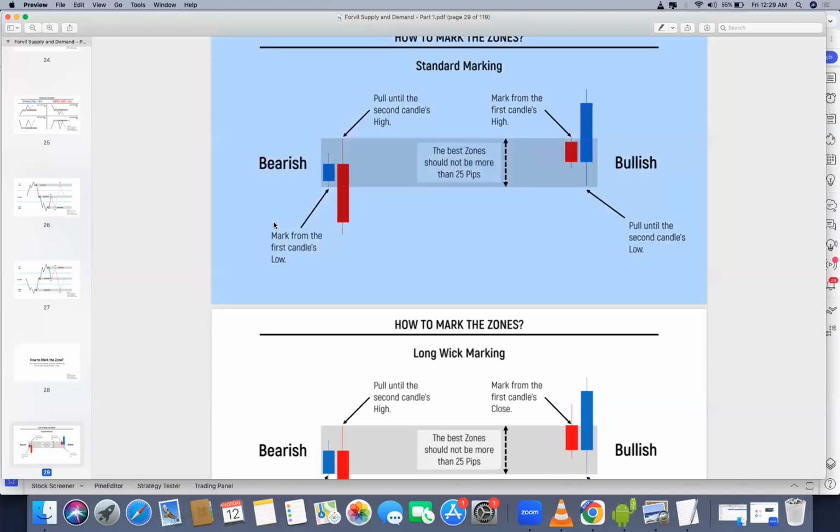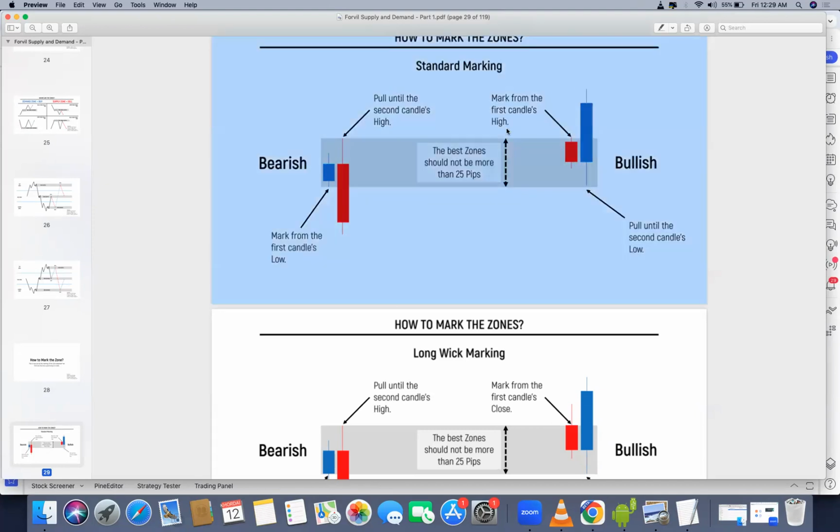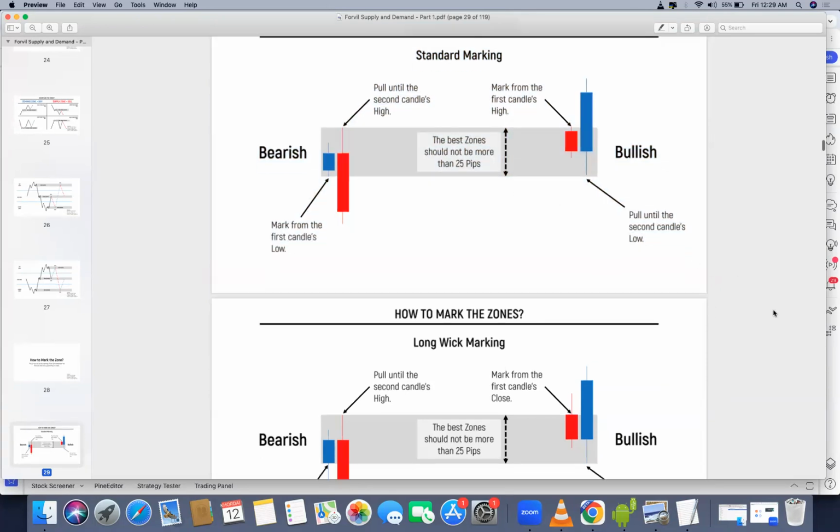Let's say you were treating the supply zone, you mark from the first candle's low, and in terms of bullish, you pull onto the second candle's low, which is the previous candle that formed. So you mark from the first candle's high, right? That is about bearish and pulling out of the market.